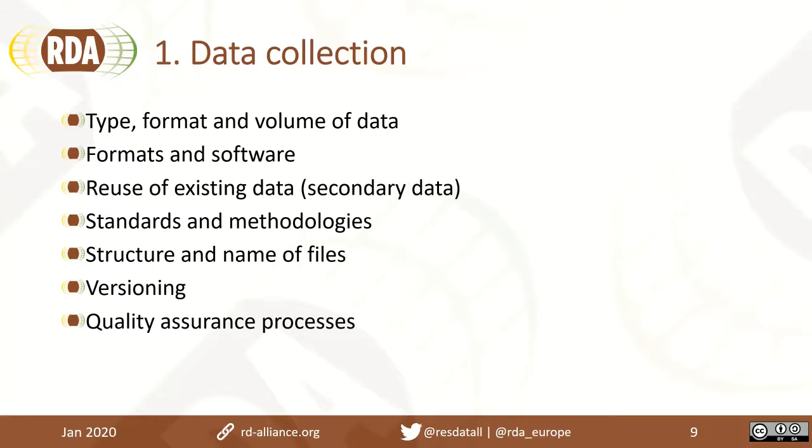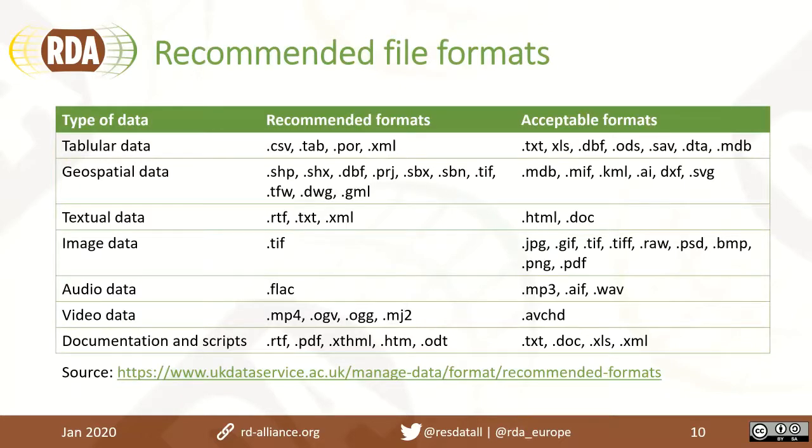Later in the project, when you have the final outputs, it will make everything much easier if you have this consistent structure, naming and versioning of files. And this is also a section where you mention the quality assurance processes regarding data that you will be using. Okay, next.